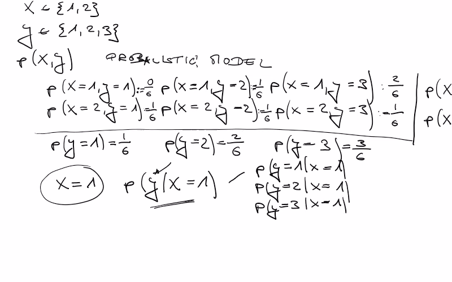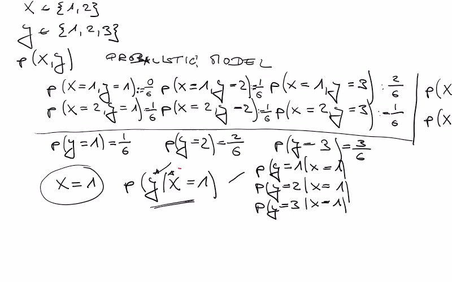So this vertical bar is read as 'given'. That's basically just some notation about conditional probabilities. So we are interested in the conditional probability distribution over the random variable y, given that x equals 1.